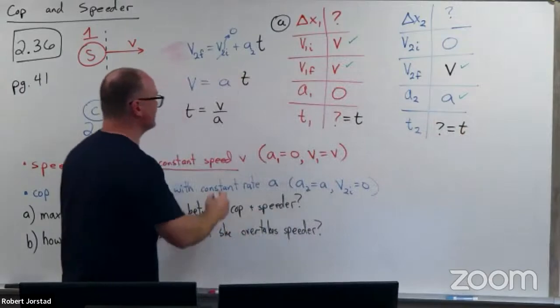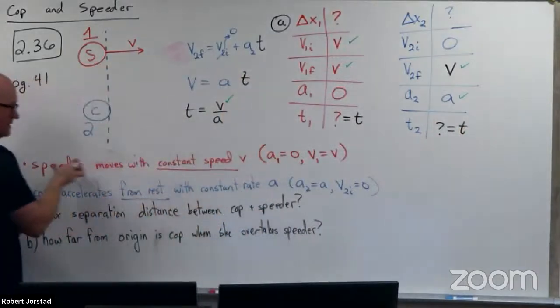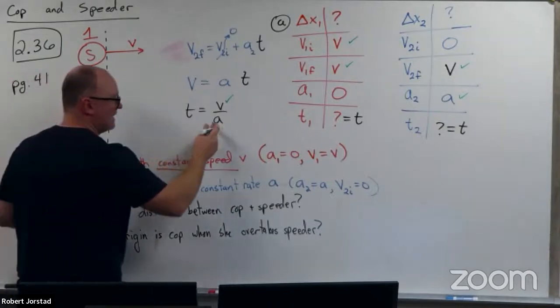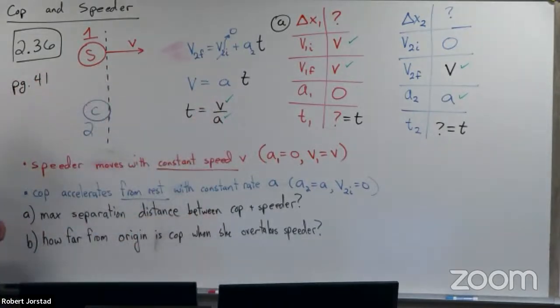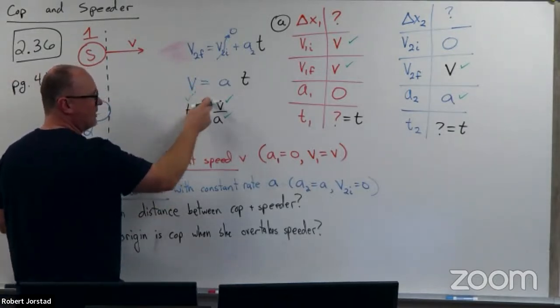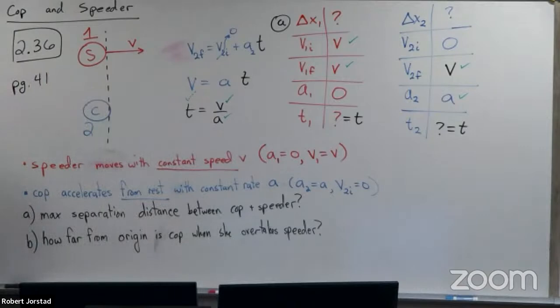The idea here is V is a known quantity in the problem statement. It was one of the letters we were given to play with. A is one of the letters we were given to play with. So now time, in theory, could be figured out. If you tell me what V and A to use, I'll give you the time. That's how my code works.